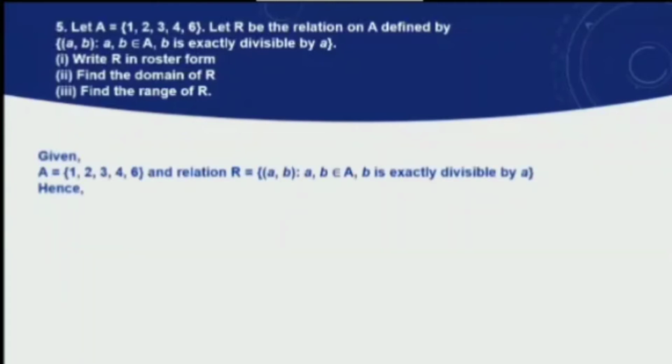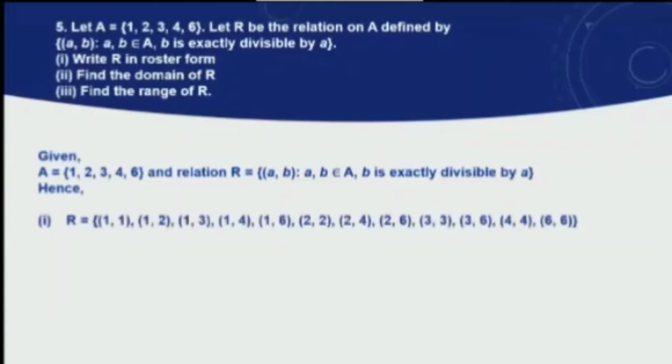Here A equal to 1, 2, 3, 4, 6 is given, and R is a relation where b is exactly divisible by a. Both the sets we are taking 1, 2, 3, 4, 6 only. That means the second element is divisible by the first one. That you need to check.